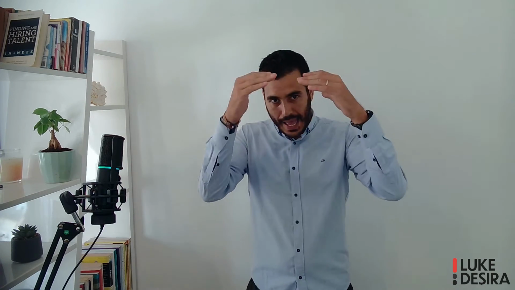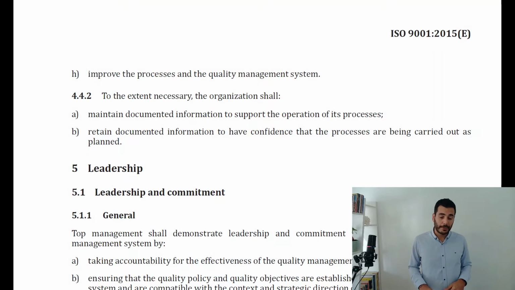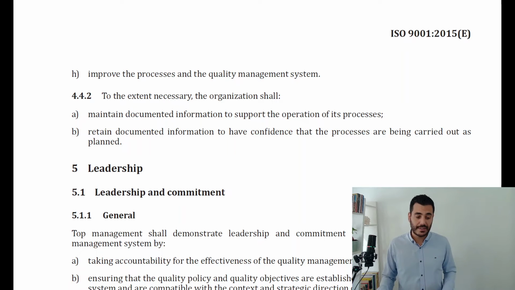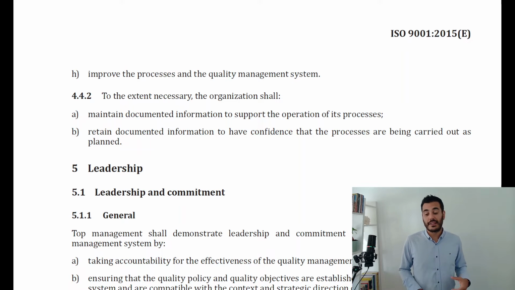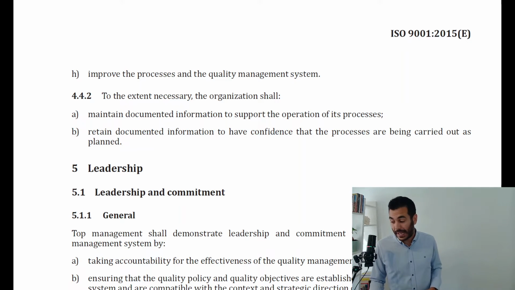We have to either create flowcharts, create procedures, create some type of way so that we are able to have a clear representation of the step-by-step approach that has to be taken in each of the key processes relating to our organization, okay? So that we can support the operation of its processes, and to have confidence that the processes are being carried out as planned, we will need to see evidence, okay?